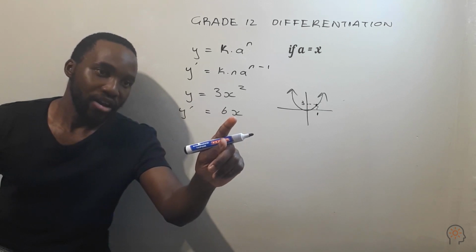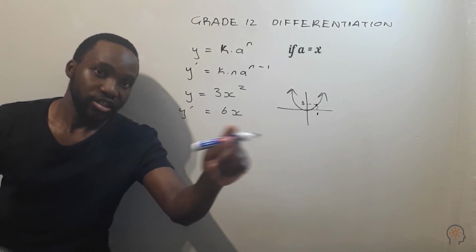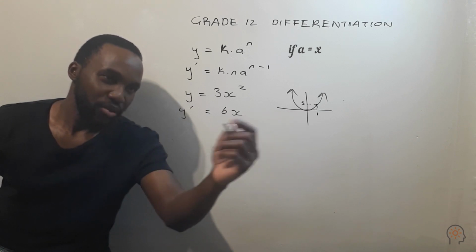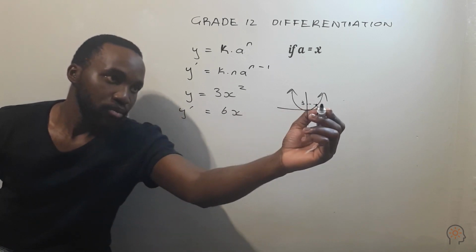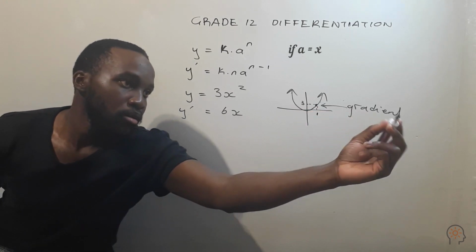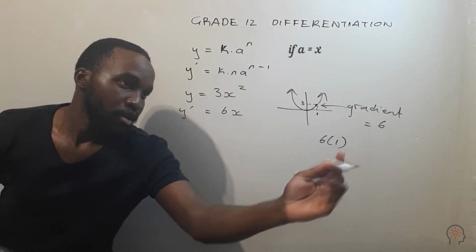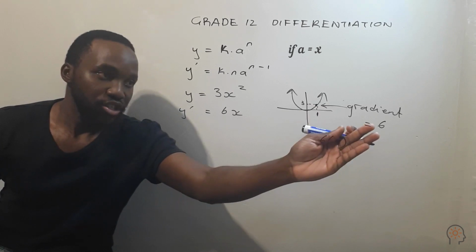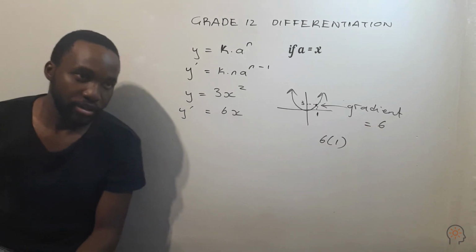If I sub in 1 into the differentiated equation, I will basically end up with just a 6. What that will be telling me is that the gradient where x is a 1 is just 6. So I'll repeat, right?